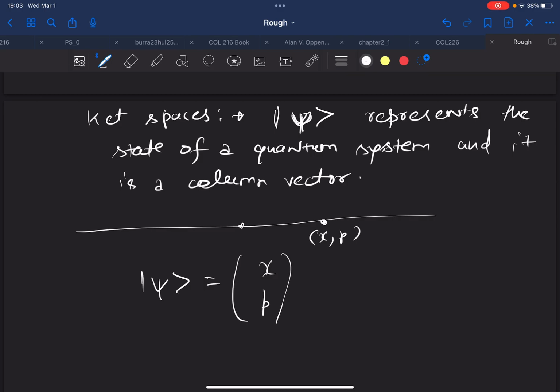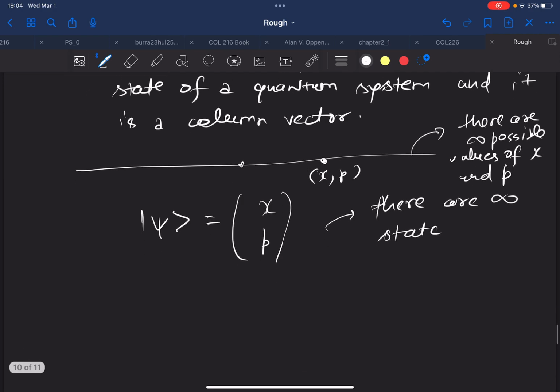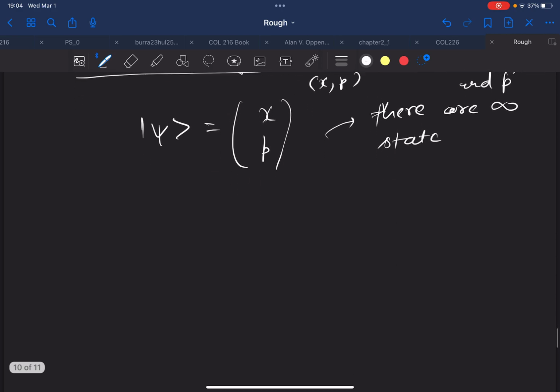It may be possible that there are infinite states. For example, in the case of the particle on a single line, there are infinite possible values of x and p. So there are infinite states possible. But that is no problem in quantum mechanics.